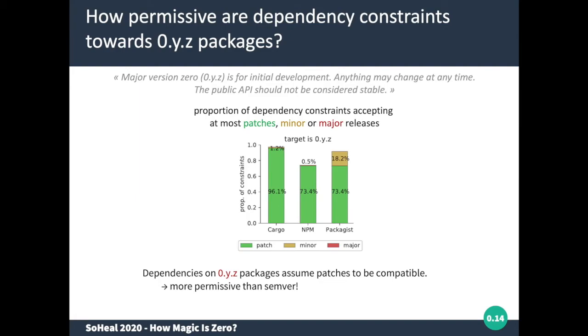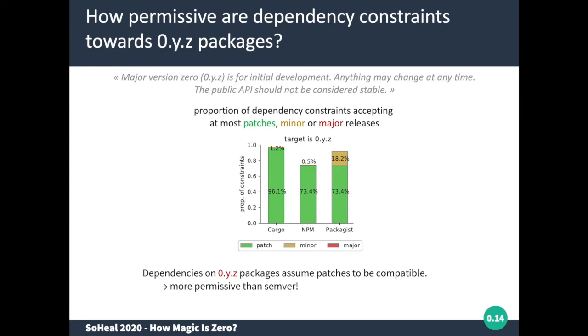On this basis, one would argue that all dependencies to such packages that are still in the 0 version range should use strict dependencies. However, as I explained before, the 3 different ecosystems that we studied, Cargo, NPM, and Packagist, have a more permissive versioning policy, and this is clearly seen here.